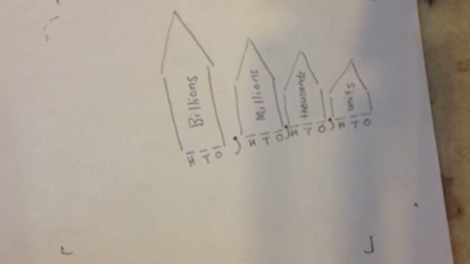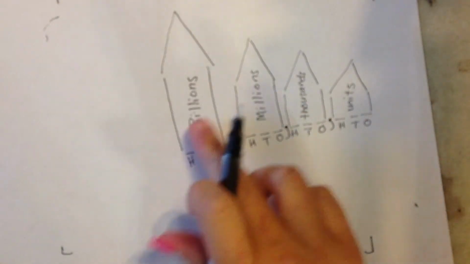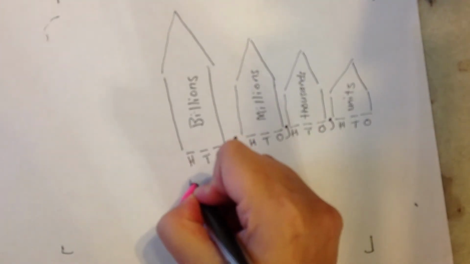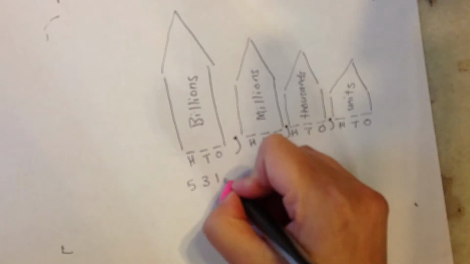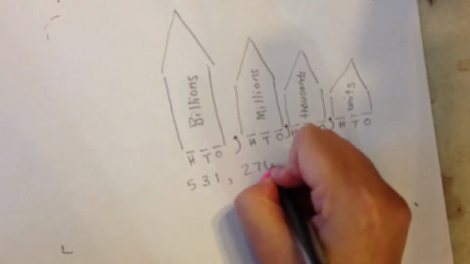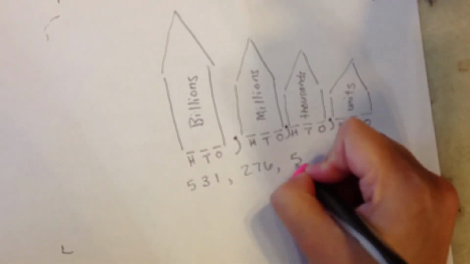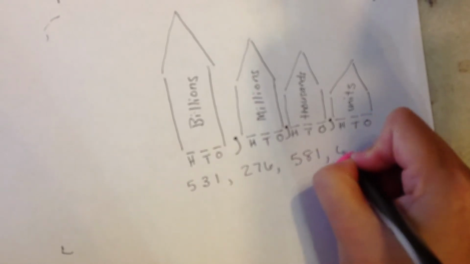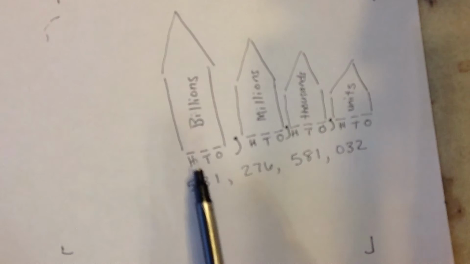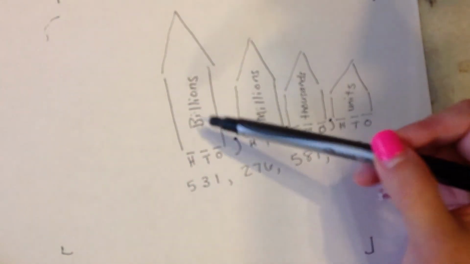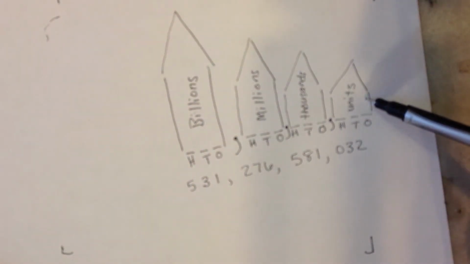Now when we teach them how to read a number, we start out by making up a number, and we read from our biggest house to our smallest house.